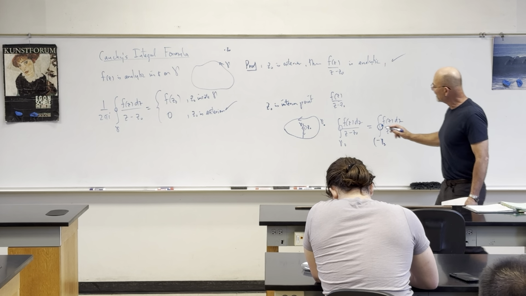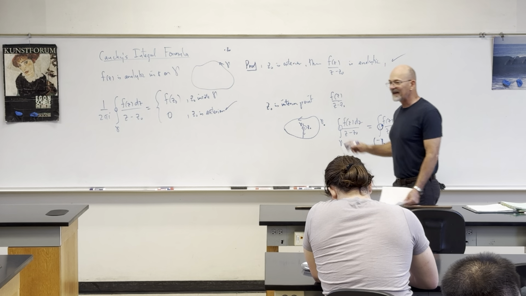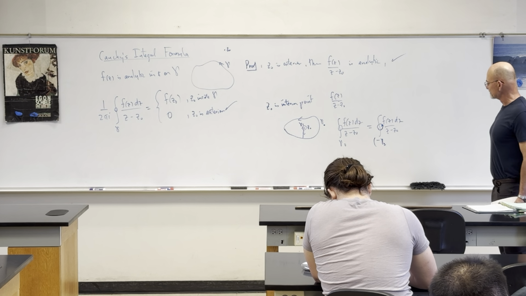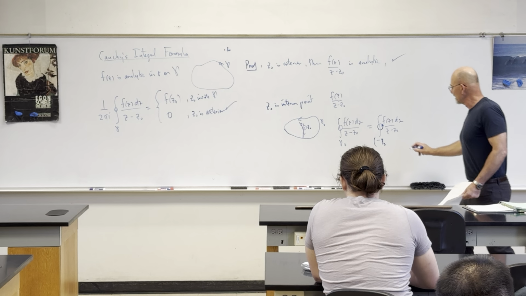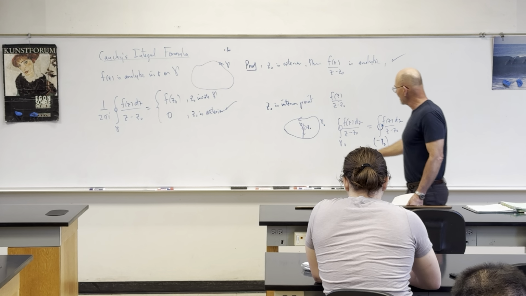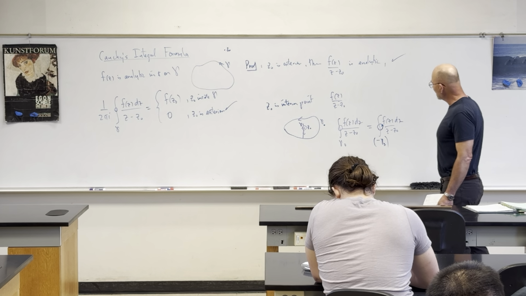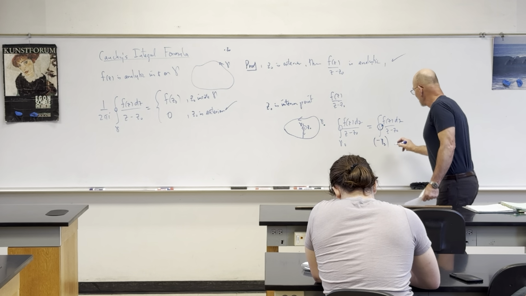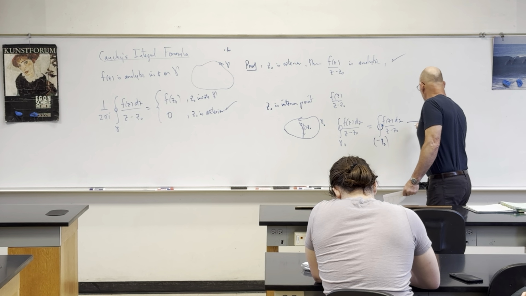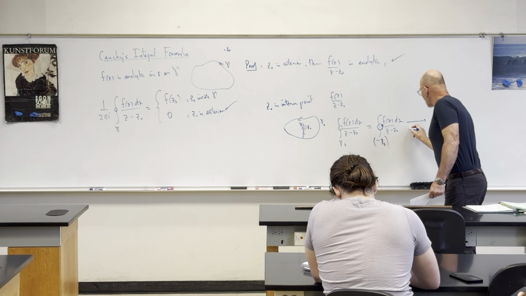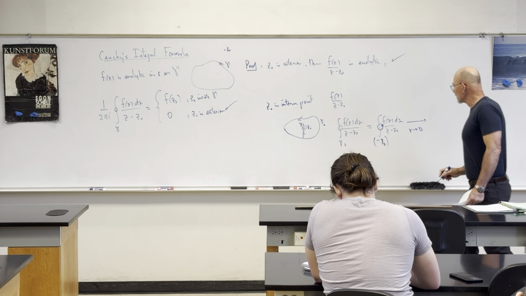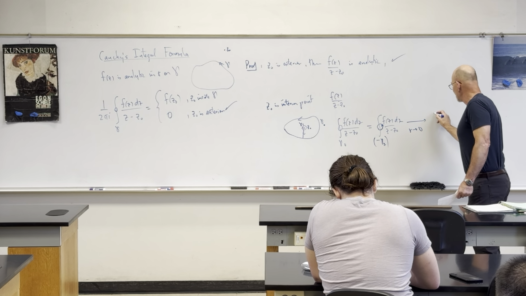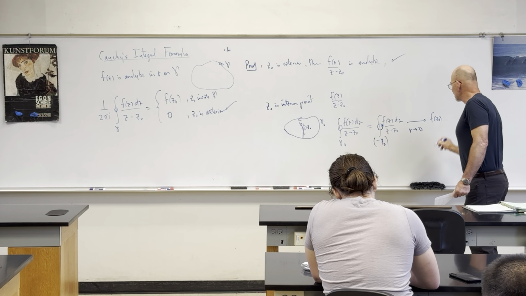So I've replaced the outside integral by the inside integral, minus gamma 2. And that's on that little tiny one, and now I can do that limit exactly as I did. So as my little r goes to 0, I have f of z sub 0.